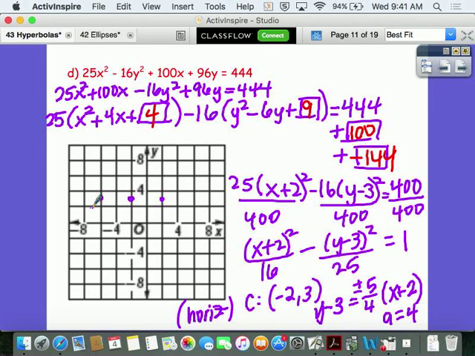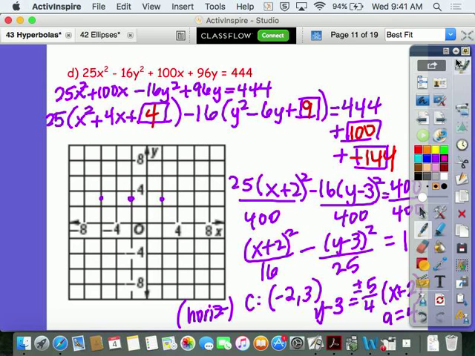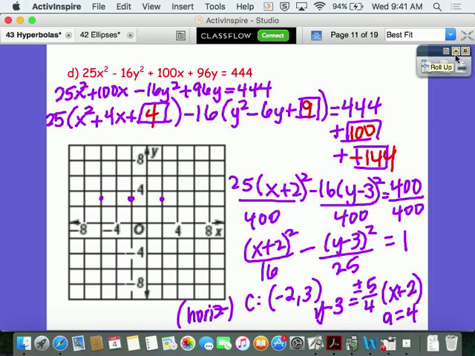Let's get these asymptotes in. I have to go up 5 over 4. So up 5. 1, 2, 3, 4, 5. 1, 2, 3, 4. Or down 5, left 4. Or go from my center and go down 5, right 4.